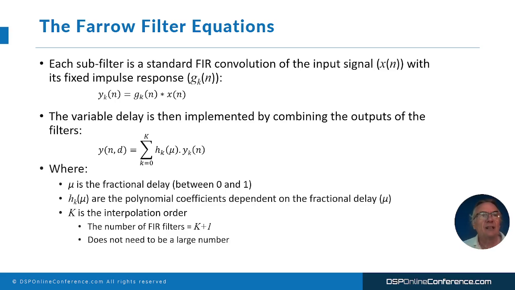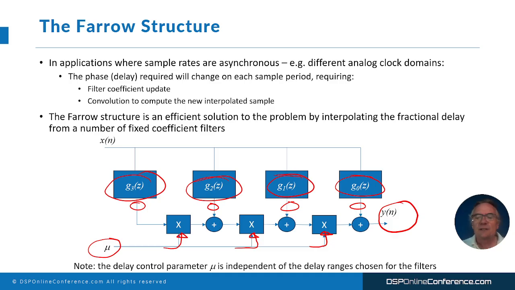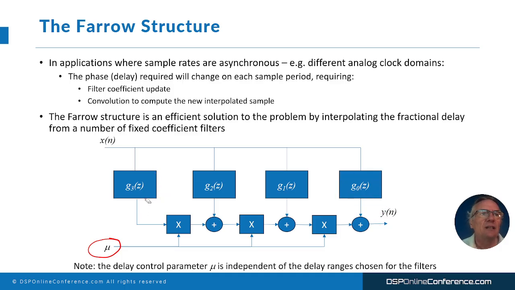Now, the interesting thing is, if we go back to the previous diagram, what we see is that as we take our input mu, which is used to multiply all of the partial results, if we take the output of the first filter coming out of here, we multiply that by mu.